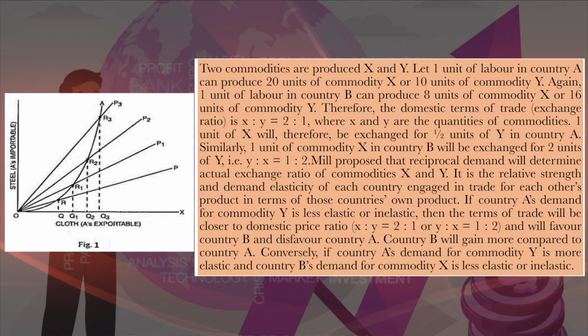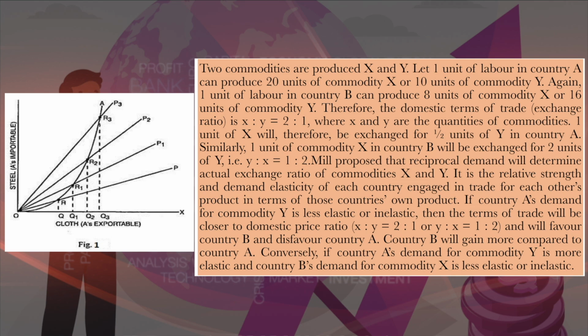Now what did John Stuart Mill propose? John Stuart Mill proposed that reciprocal demand will determine the actual exchange ratio of commodities X and Y. According to him, it is the relative strength and demand elasticity of each country engaged in trade for each other's product in terms of those countries' own product.